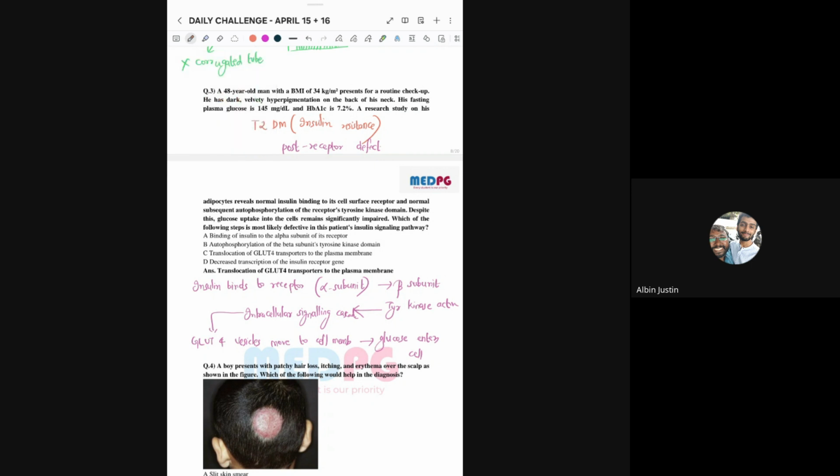So what is the defect here? Binding is normal, tyrosine kinase activation is also normal, but there is GLUT4 translocation damage, leading to decreased glucose uptake.